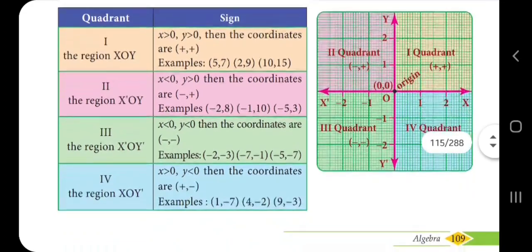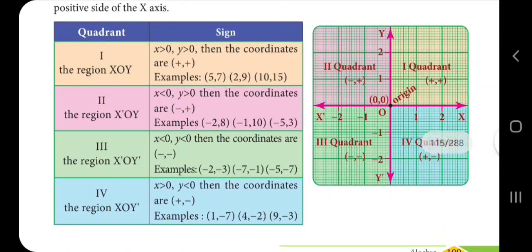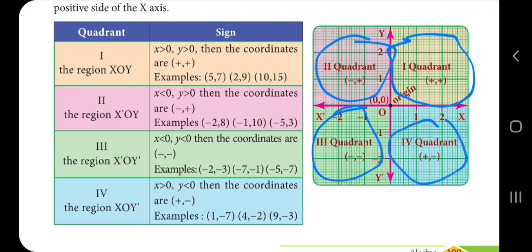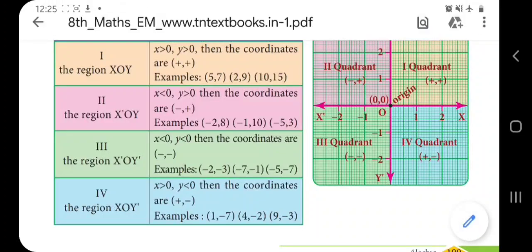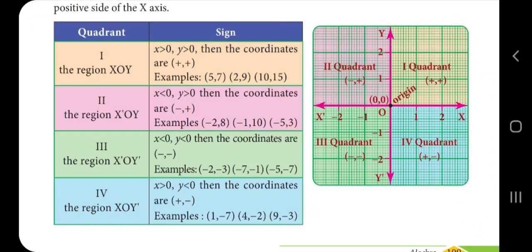If you see this graph, they have divided it into 4 equal parts: first, second, third, then fourth quadrant. Listen carefully, this is called a quadrant. Quadrant means 1 by 4, in fraction. This is very important.